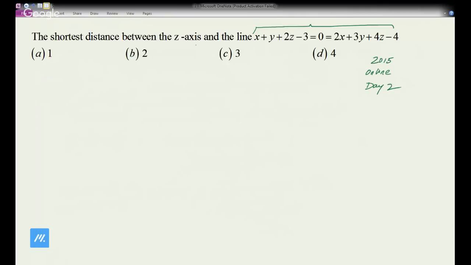Okay, this was the target here. So you have two planes which are given to you, and this is one plane. The other plane is this particular plane.